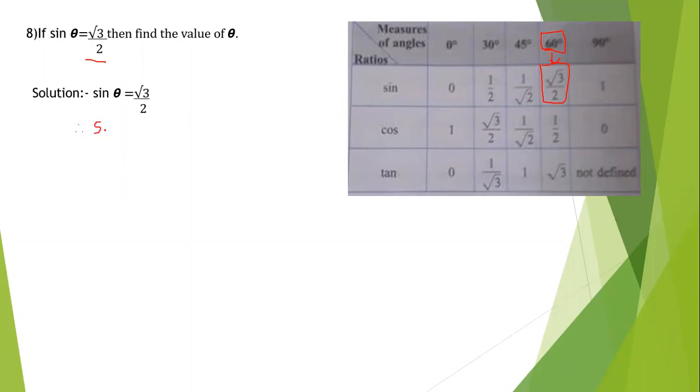So here we will write, therefore, sine 60 degree is equal to root 3 upon 2.